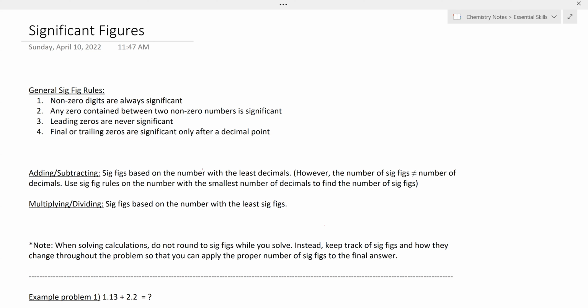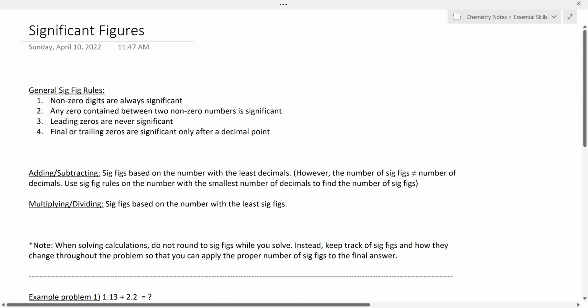But an important thing about the fact that the sig figs are based on the number with the least decimals is that the number of decimals is not the number of sig figs. So for essentially the entire first quarter of chemistry, that's what I thought. When they said sig figs are based on the number of the least decimals, I figured, oh, the number of decimals is the number of sig figs, right?